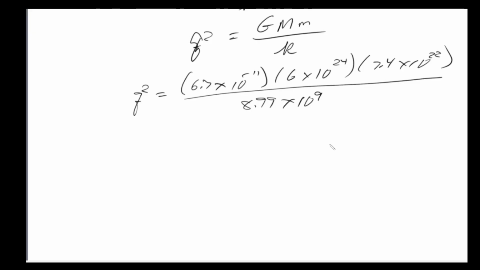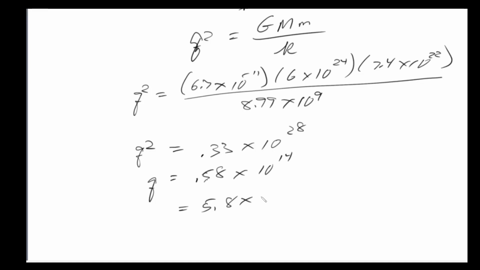And if you go through this, you find that Q squared is equal to 0.33 times 10 to the 28th. If we take the square root of that, we get Q is equal to 0.58 times 10 to the 14th coulombs. Or let's just say it's equal to 5.8 times 10 to the 13 coulombs, which is a pretty big charge. So that's what would be needed to negate the force of gravity between the Earth and the Moon.